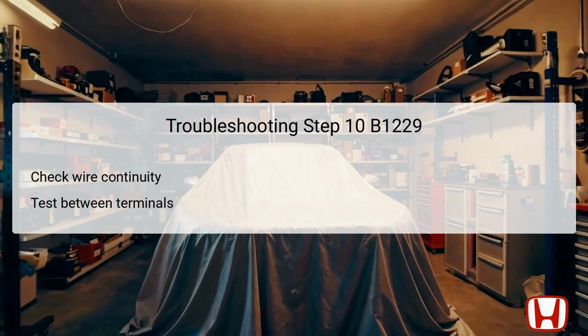If continuity is absent, this signifies another possible open circuit that may need repair. Employing an accurate tool like a multimeter will assist in effectively assessing the state of the wiring. Ensuring that all connections are functional is vital to resolving the issues associated with DTC B1229.